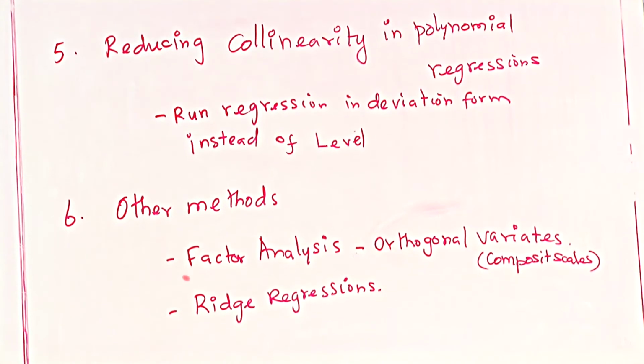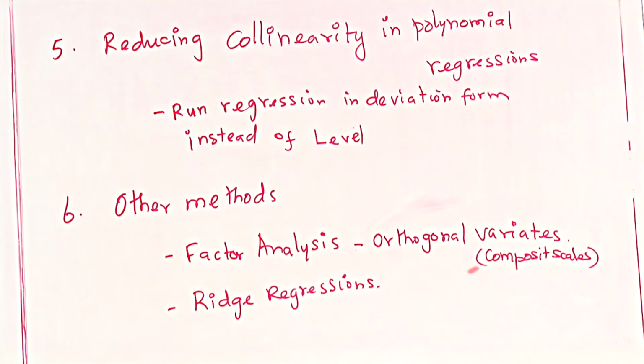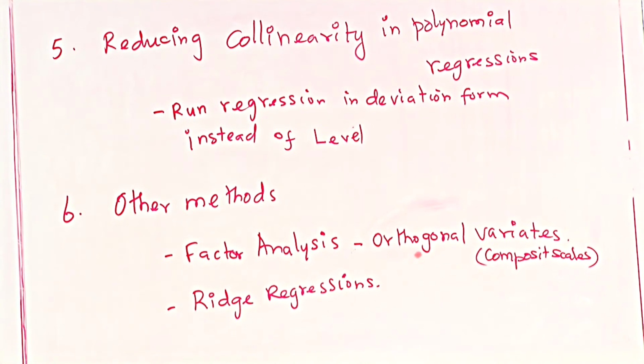If you have 15 odd variables, those 15 odd variables can be grouped into a smaller number, maybe 2 or 3. Composite scales can be found, and those composite scales will not be collinear in nature, because they are orthogonal. And so, such composite variables which are orthogonal in nature could be used to solve the problem of multicollinearity.